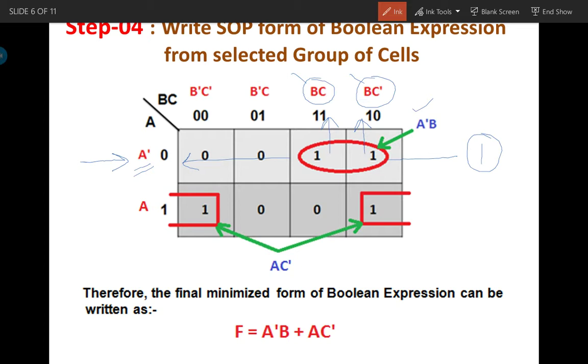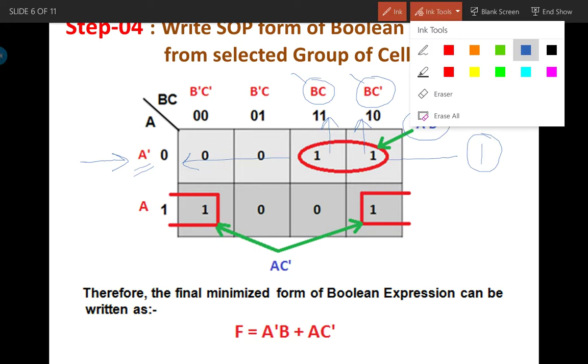We take only the common variable, B. So we write here B. Ultimately, from the horizontal and vertical sides, we come to the final product term, that is A bar B. A bar from the horizontal side and B from the vertical side.